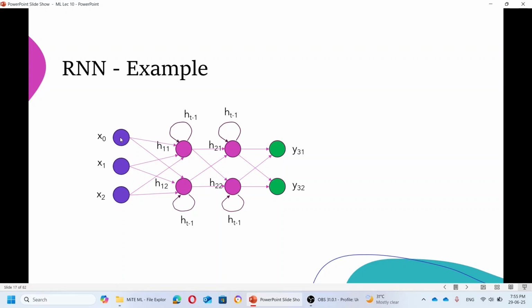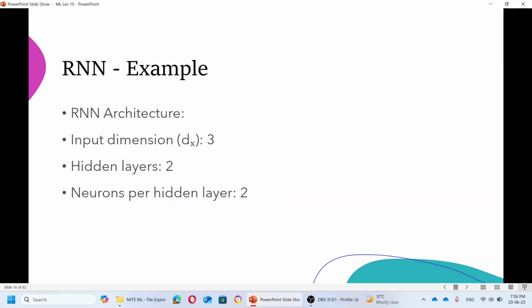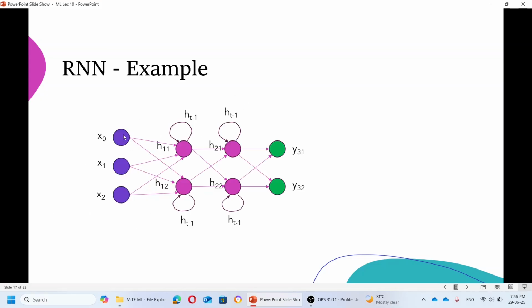So this is the network we are considering over here. This is our input x0, x1, x2. These are the embeddings of, for example, the first word, I. Input dimension 3 means we have three embedded values of I, three embedded values of feel, and three embedded values of happy. So the first embedded value x0 will be here, the second one here, and the third one here.